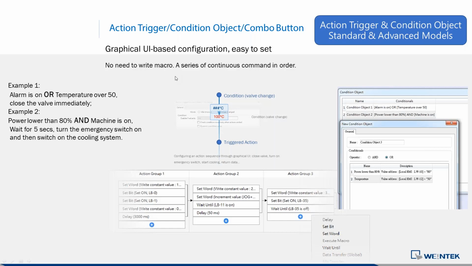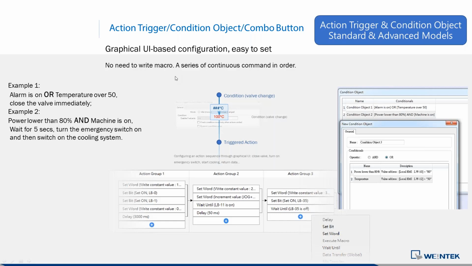But these three features help these users design a series of complex actions. If you already used EasyBuilder Pro before, you know that we already have the combo button. But now we have changed it to a graphical user interface, so it will be easier for you to arrange the actions.